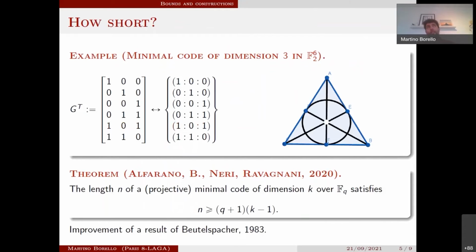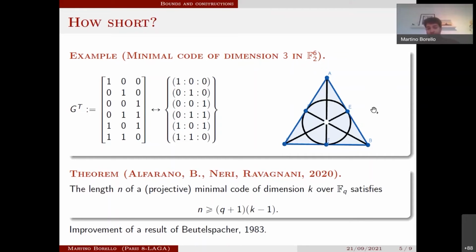A natural question then is the following. If you think about the geometrical meaning of a strong blocking set, you realize immediately that if you have a strong blocking set and you add a point, then the set is still a strong blocking set. So an interesting question is, how short can a strong blocking set be? Let's start with an example. If you are in F2 to the 6, the question is how short a minimal code can be, or equivalently, how small a strong blocking set can be.